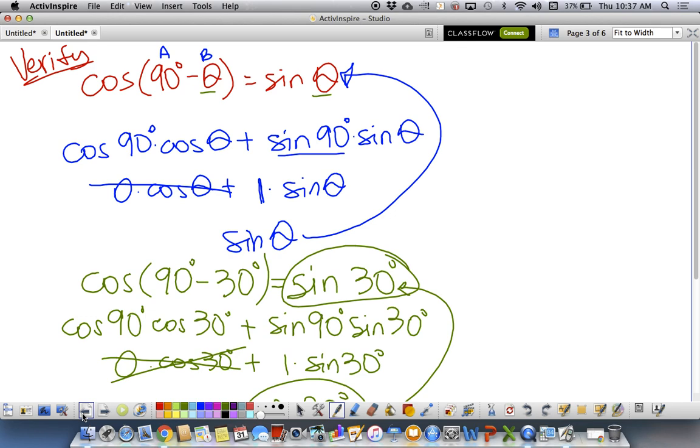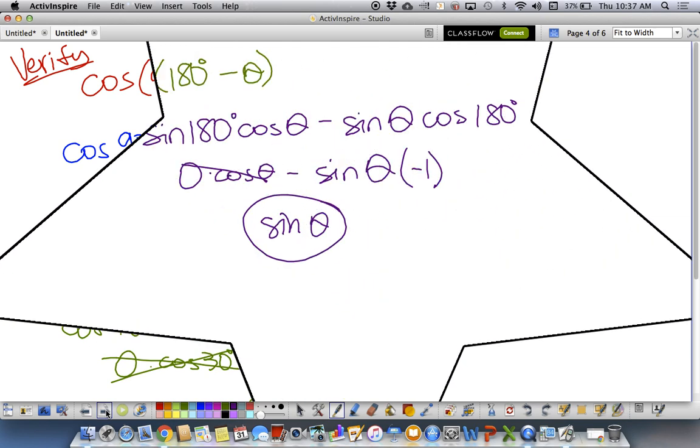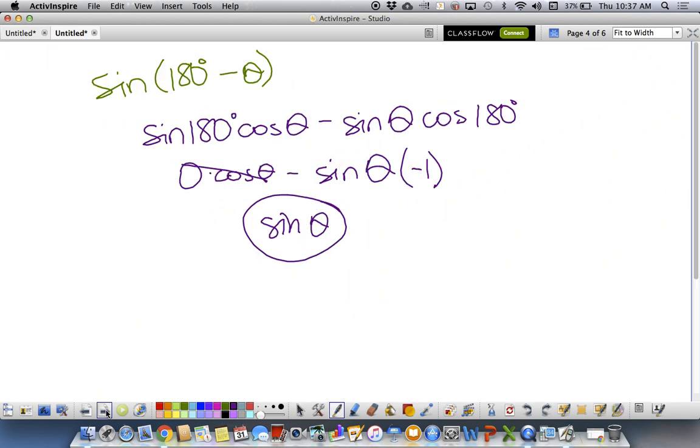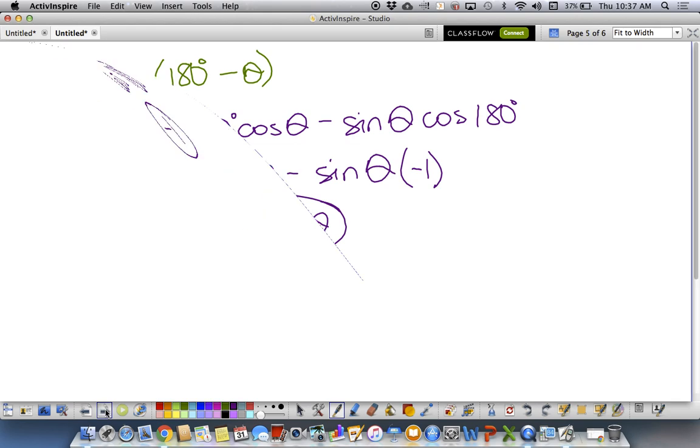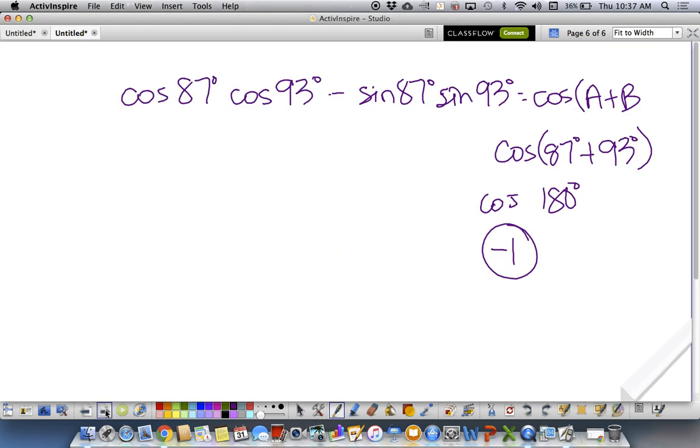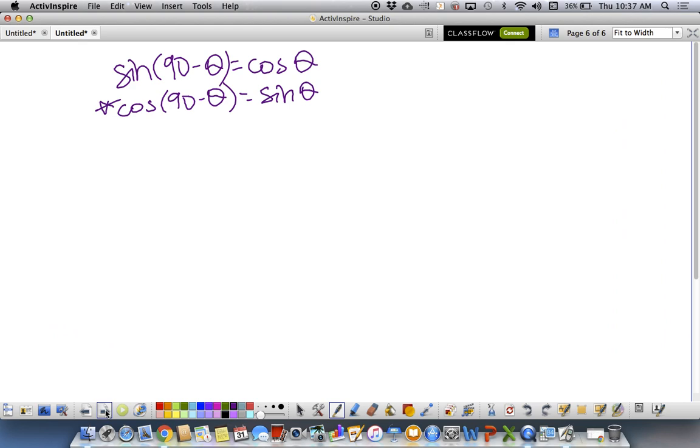Okay. What about tangent and cotangent? What about secant and cosecant? Those are your cofunctions. So could I write tangent 90 minus theta equals what? Cotangent theta. And I could reverse that.